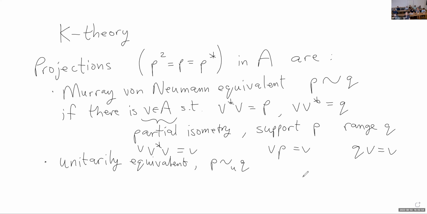At the moment, I'm not assuming that A is a unital C-star algebra, so what I want to define this to be is that there is some unitary in the minimal unitization, so A tilde, which is just A if A is already unital, such that Q is UPU*.